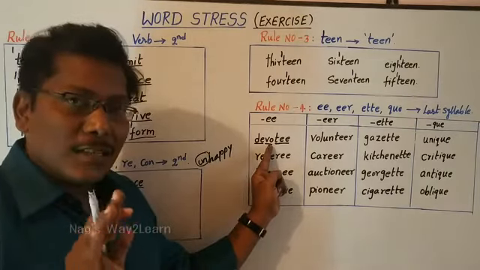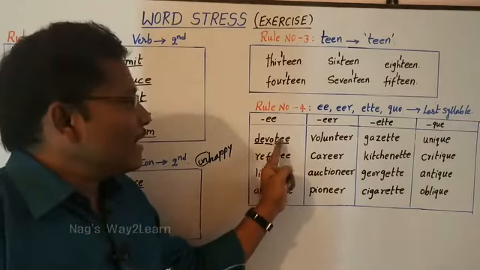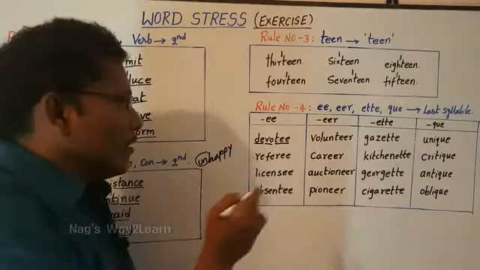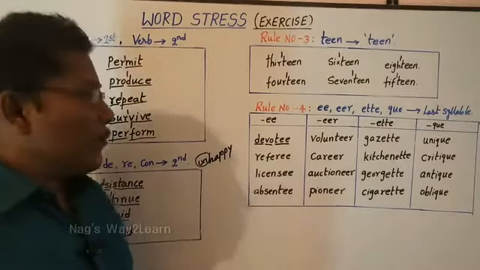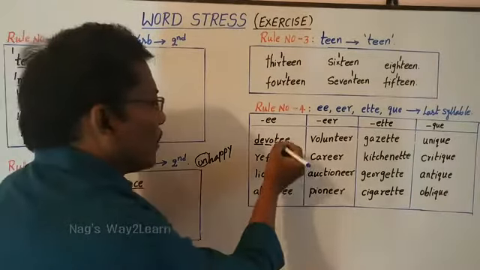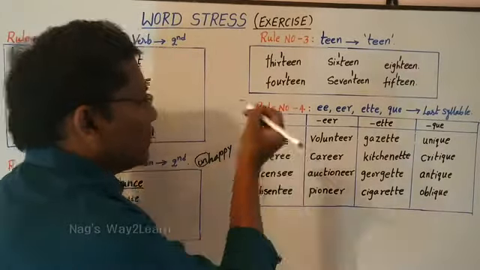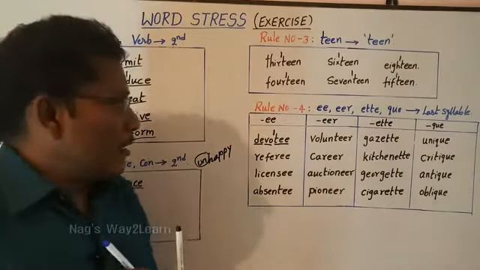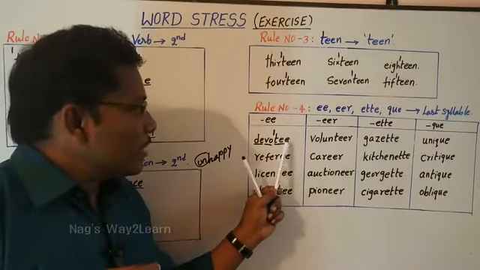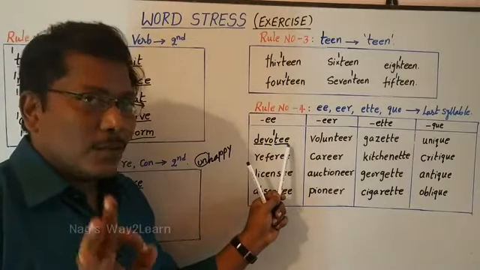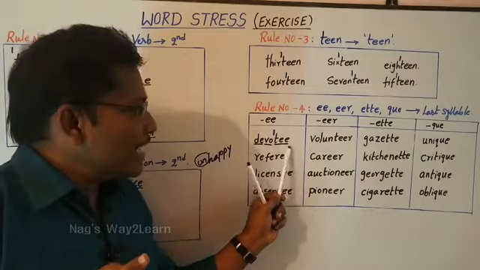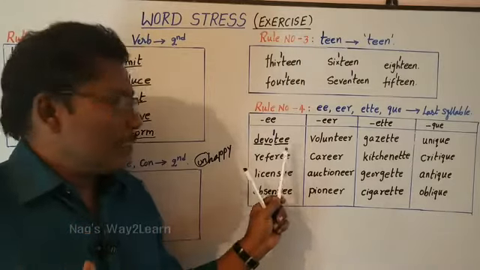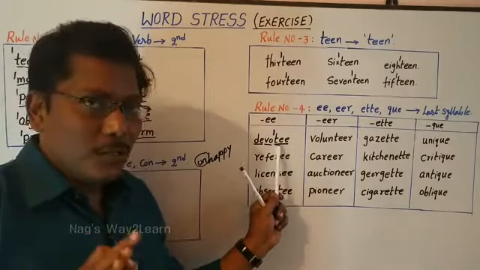Vo, this is the second syllable, and tee, this is the last syllable. So we must put the stress mark on the last syllable tee here. Okay, understand? This word is ending with EE, therefore the stress is on the last syllable. What is the last syllable? Tee. The stress is on the last syllable tee.